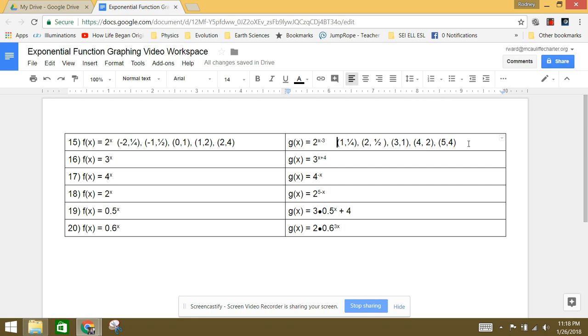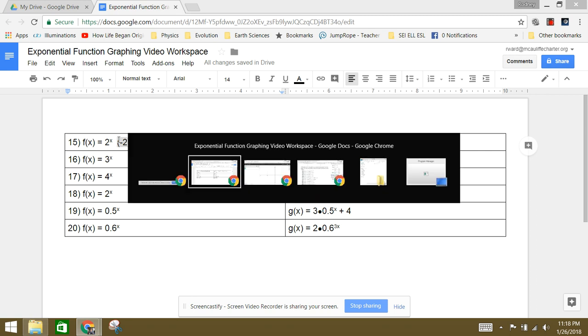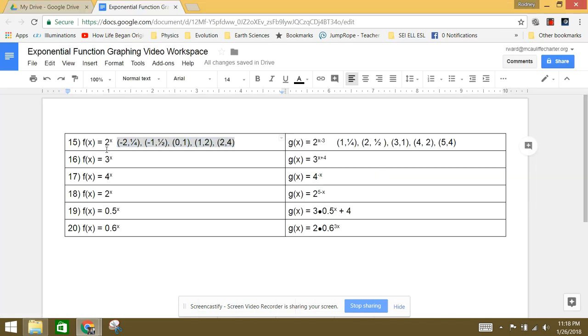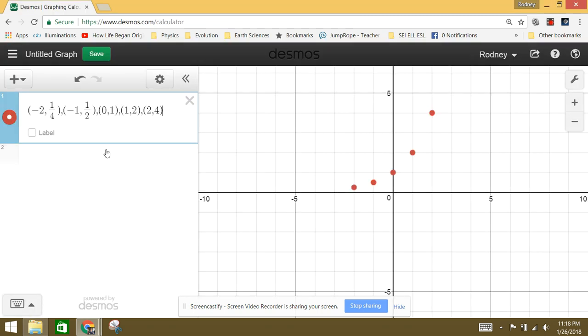So we can graph this. I'm going to go ahead and copy this over into my Desmos space. And then I'm going to copy over these points. You can get a sense of what it looks like.